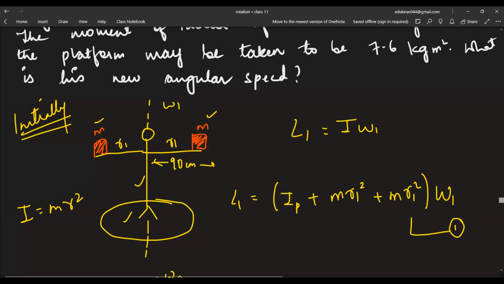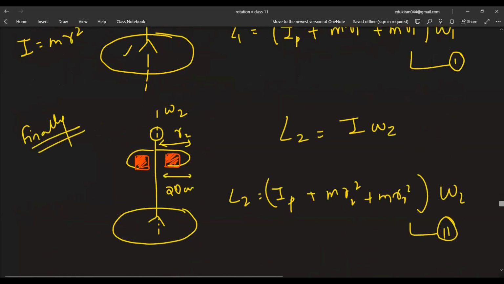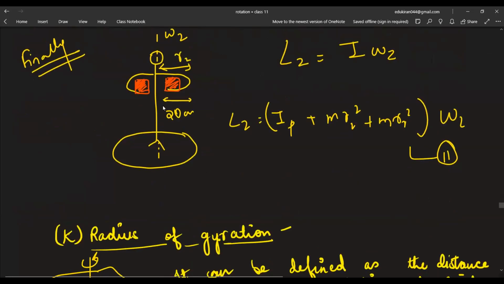Now what he is doing, he is bringing his arms closer to his body. And when he is bringing his arms closer to his body, the radius decreases. Again, angular momentum is I omega. So the moment of inertia of person plus platform will be the same, already given 7.6. It is not changing. But the radius is changing because now the arms are brought closer to the body.